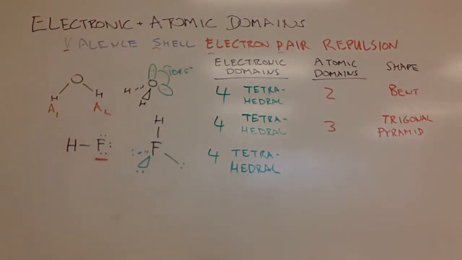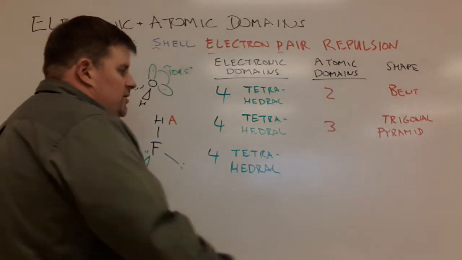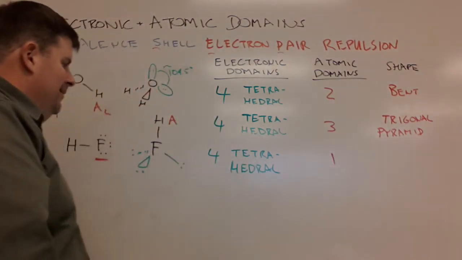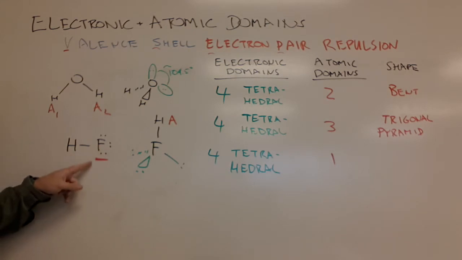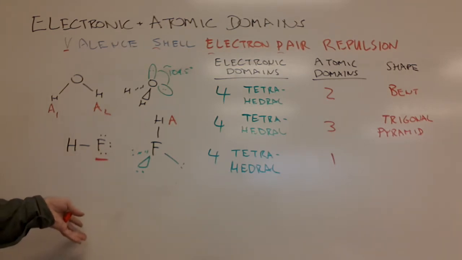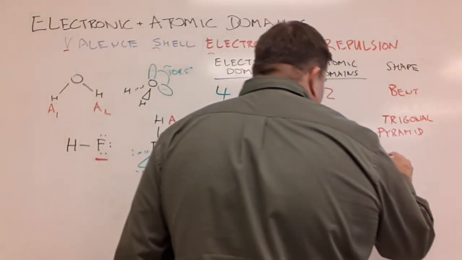Okay? And how many atomic domains does it have? It's only got 1. It's got that hydrogen. That's the only atomic domain that it's got. So as a result, there's 1 atomic domain. So what's the shape around fluorine? Only 1 atomic domain, 2 points make a line. So this is linear.